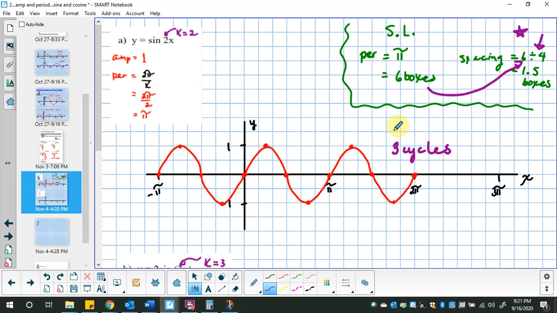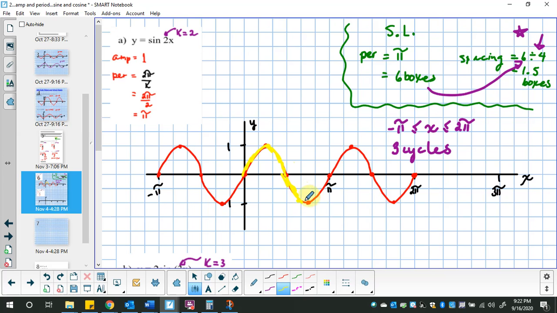Another thing I want to tell you is that we went from negative pi, dead even with negative pi, with our x's, all the way up dead even to 2 pi. So I can ask you in 2 ways how to graph these.